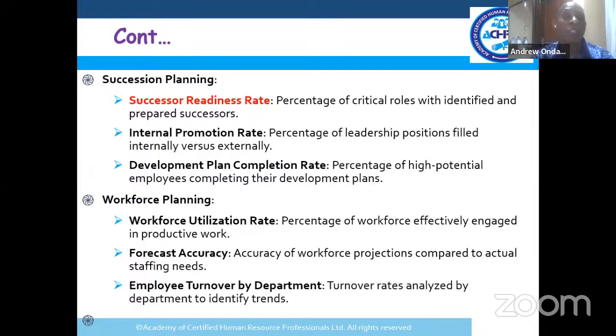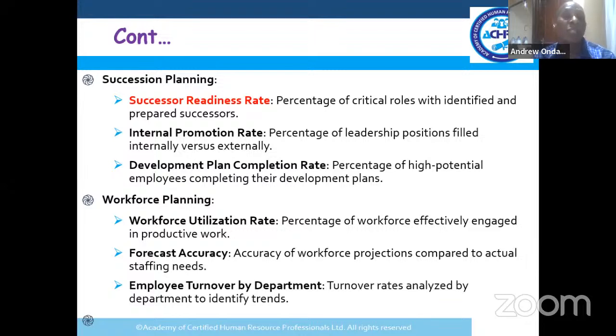One, we can do training. Two, we can delegate. Three, we can put them in a team to learn from those more experienced ones. And four, we can do mentorship and coaching. So when we are auditing succession, we will look at the initiatives that have been put in place to ensure that employees are ready to take over positions of responsibility.